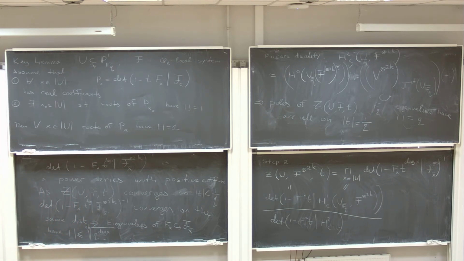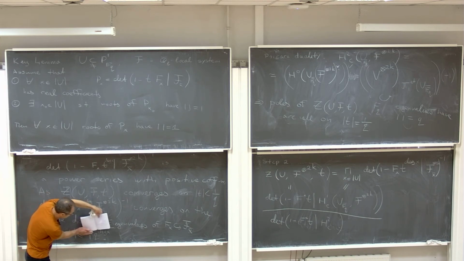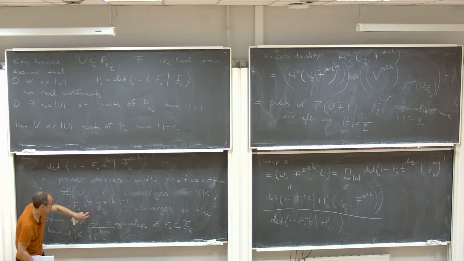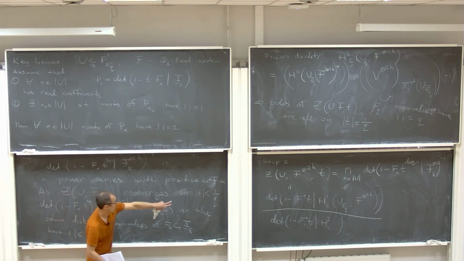Again, because if I have an eigenvalue of this Frobenius acting on this space with larger absolute value, then the Frobenius acting on this 2kth tensor power would have an eigenvalue with absolute value larger than this number, and this would imply that this polynomial has a zero in this disk.